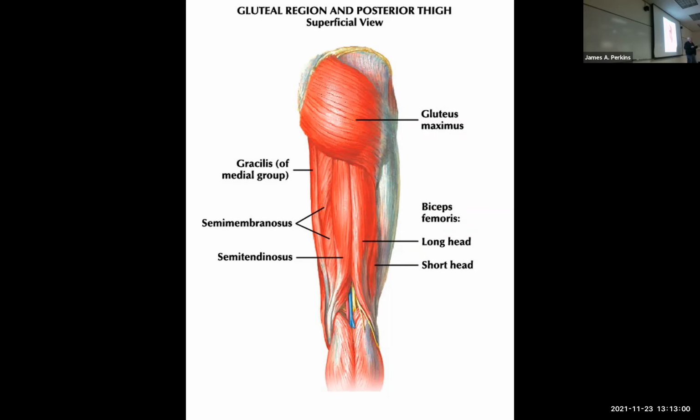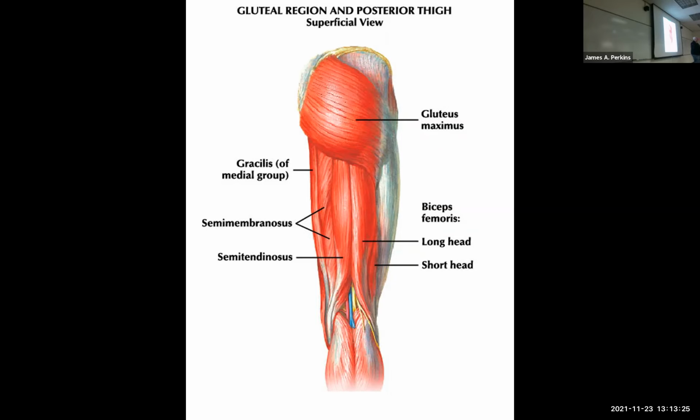You all have heard the term hamstrings. For most people, it's just a general term that we use to describe all the muscles in the back of the thigh. But anatomists actually have a very specific definition for what constitutes a hamstring. The hamstrings are any muscles that originate on ischial tuberosity, insert on the tibia, and are innervated by the tibial division of the sciatic.